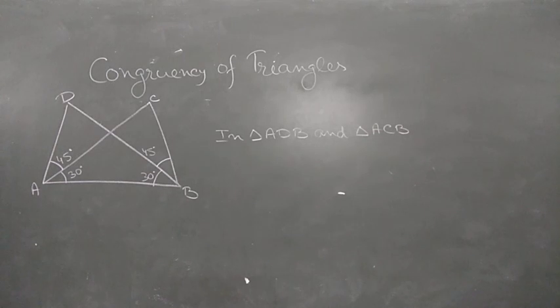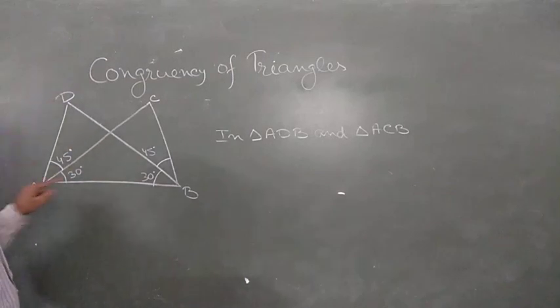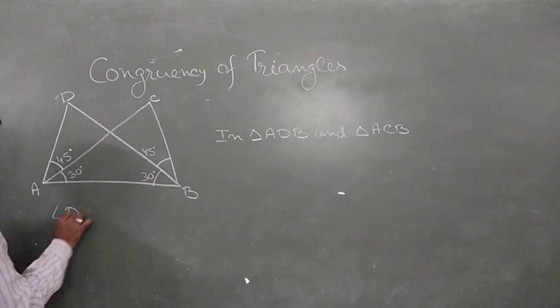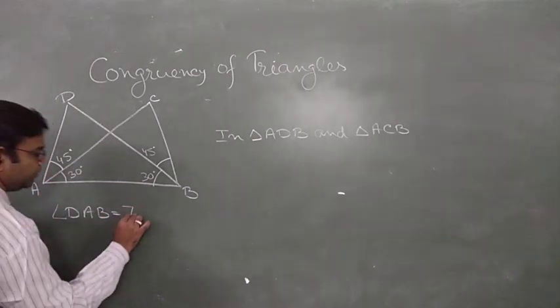Now see first, for triangle DAB, angle DAB equals 45 plus 30, 75 degree.